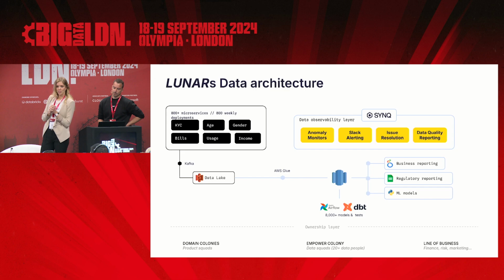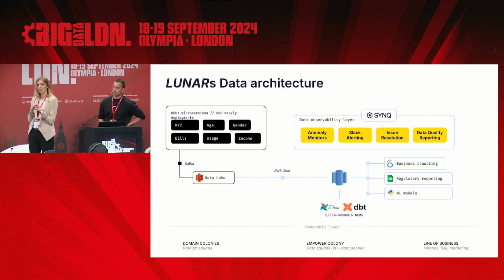That's also why it's really important for us to have a really strong data governance and data platform strategy. We need to gather all of this data running around in Lunar, and we do that in our data platform. First of all this data comes into our data lake, S3. Then we take it into our Redshift data warehouse, where we do all of our transformations and data processing in dbt.